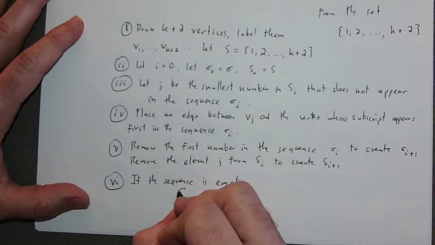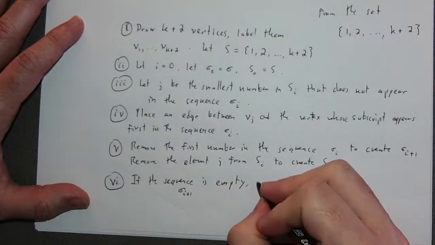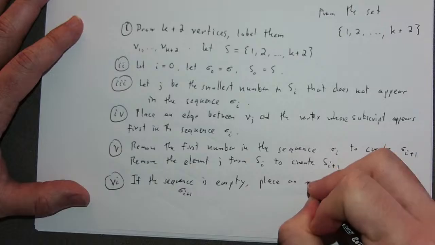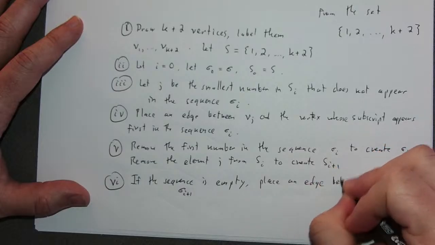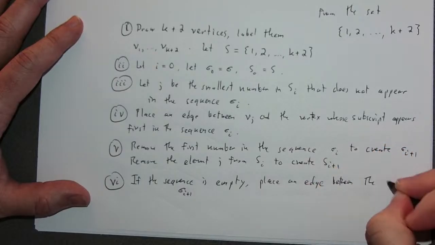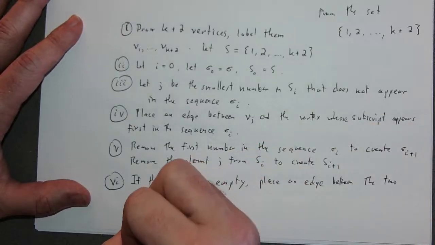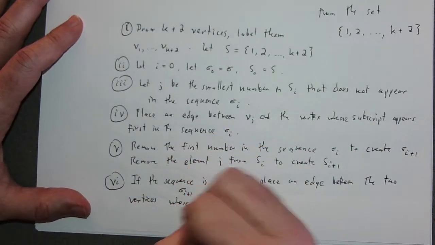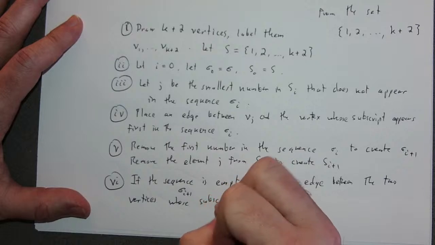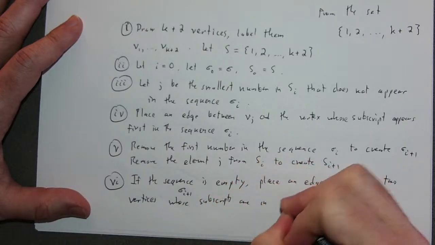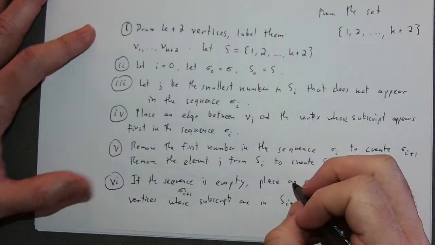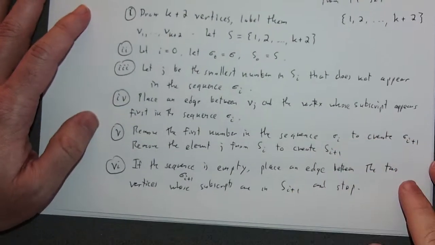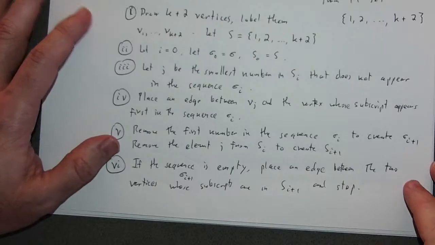So if the sequence sigma sub I plus 1 is empty, place an edge between the two vertices whose subscripts are in S sub I plus 1. And stop. Otherwise, increment I by 1 and return to step 3.